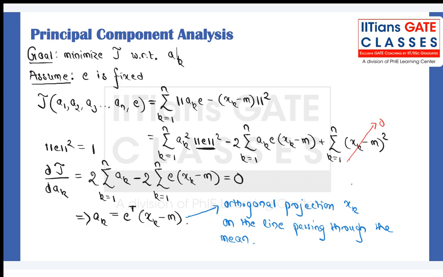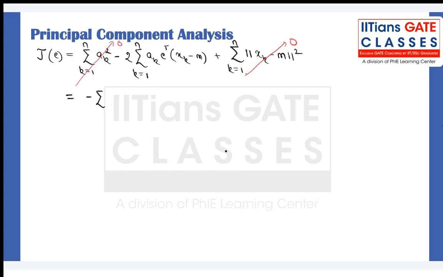So I get E transpose xk minus m into xk minus m transpose E. I can also write this as E transpose summation xk minus m xk minus m transpose E.